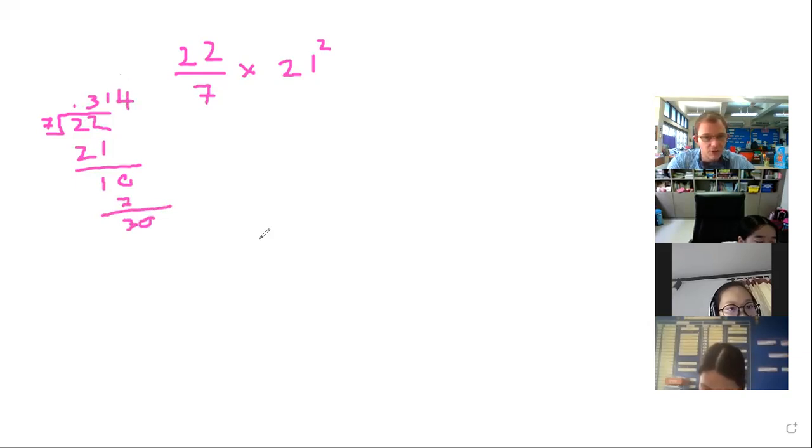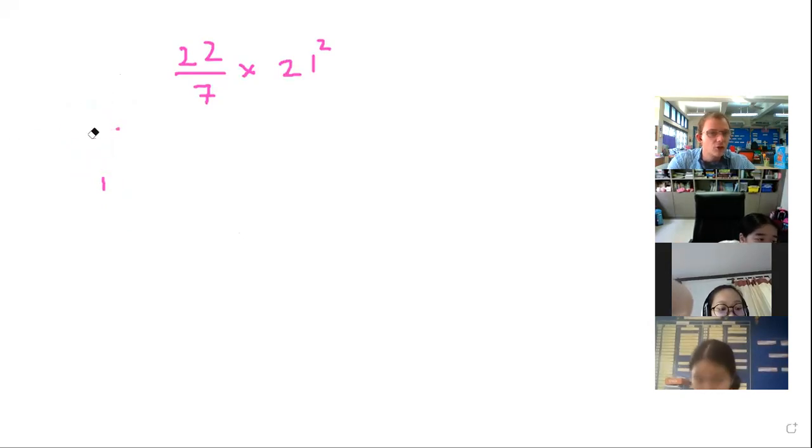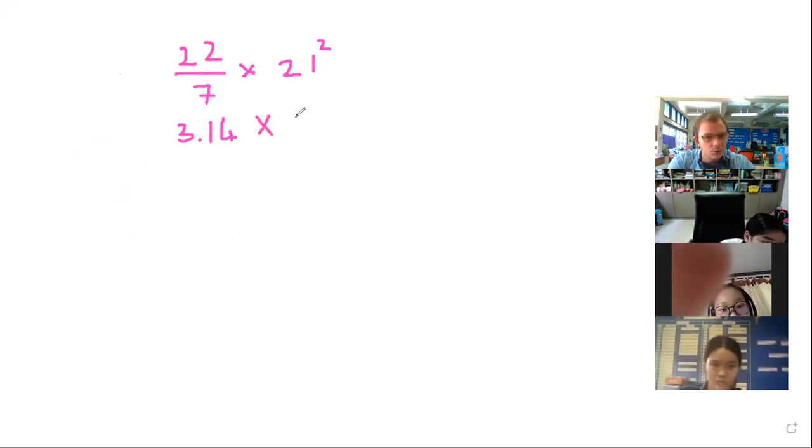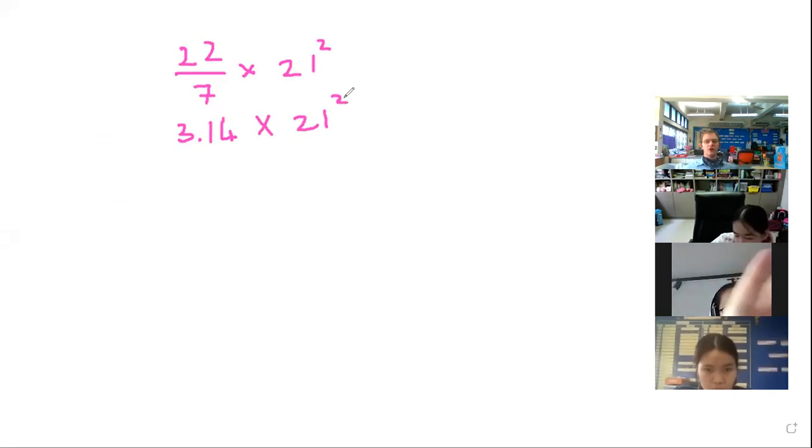Just like we usually calculate, our answer is going to be 3.14 for pi. So we can either use the 22 over 7, or we can use 3.14 times 21 squared. Who wants to do this calculation on the board for me?